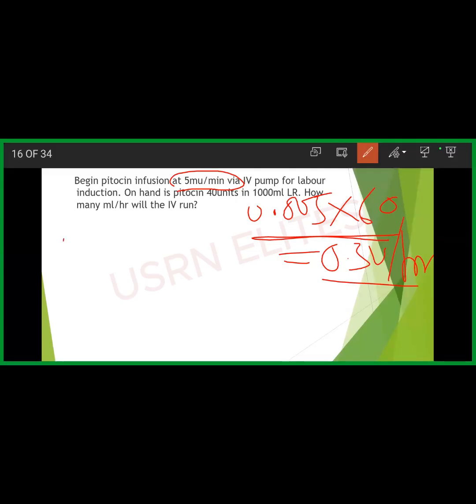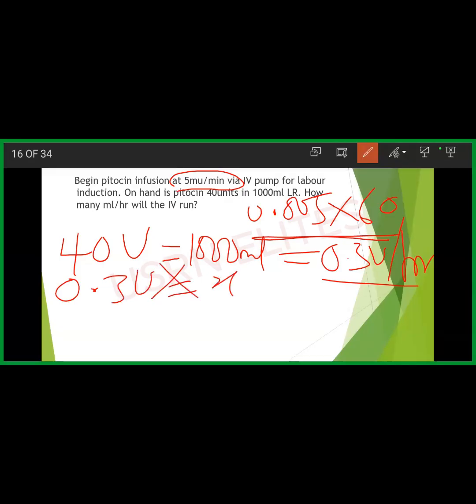Now let us see, we have 40 units in every 1,000 mils. If 40 units is equal to 1,000 mils, then 0.3 units will be how many mils? You cross multiply. You have 40x is equal to, so this one will give you 300, right? 300.